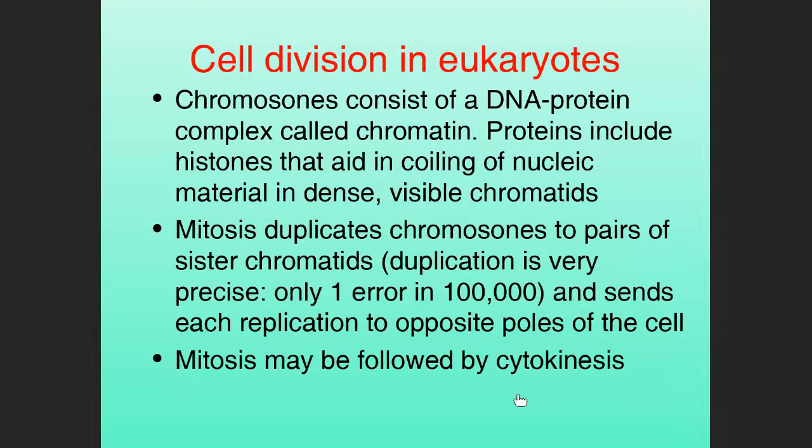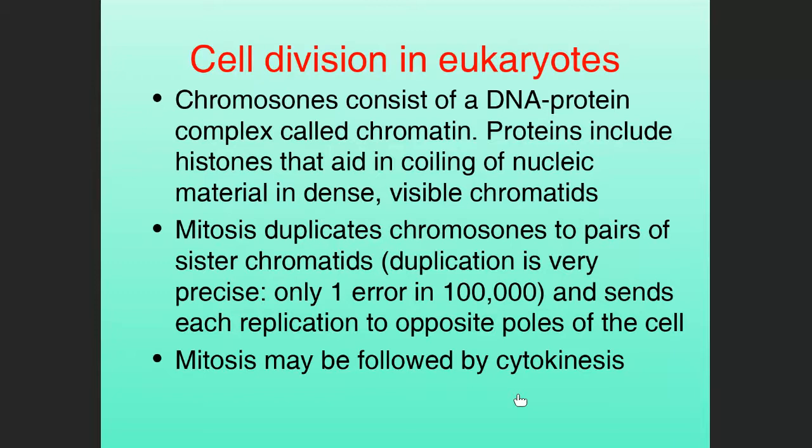Only one error in one lakh chromatids can be found. Mitosis may be followed by cytokinesis. After mitosis, cytokinesis also takes place.